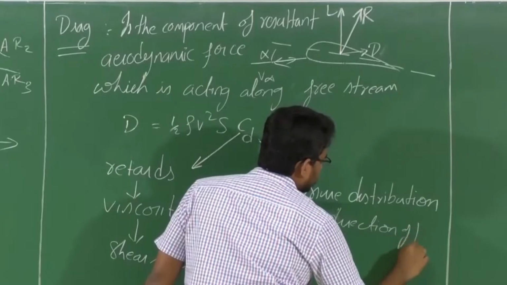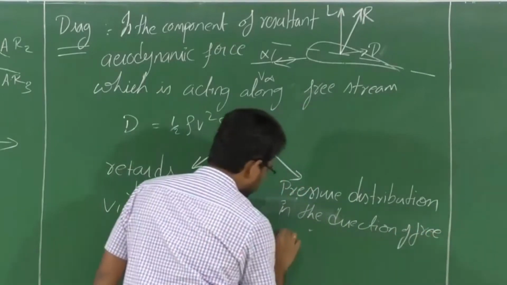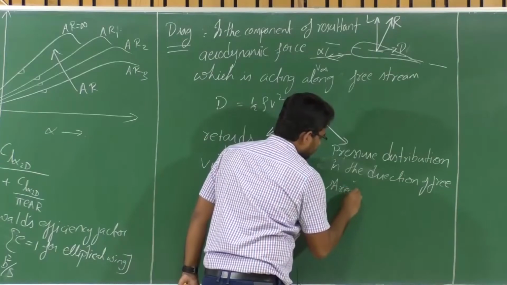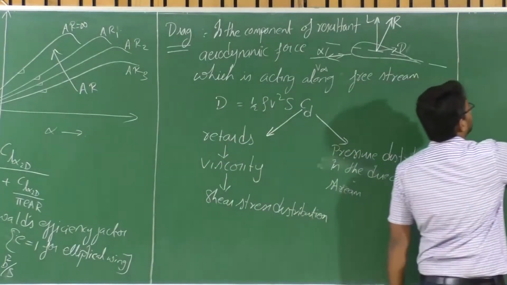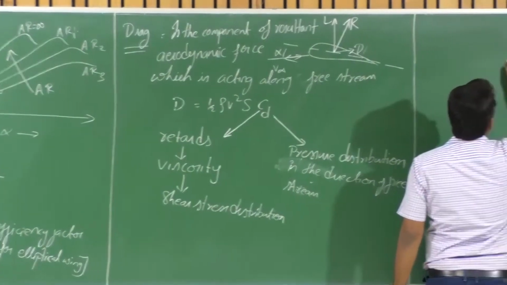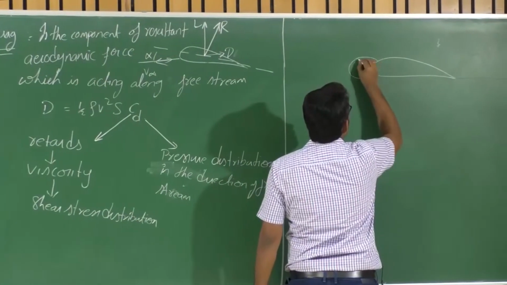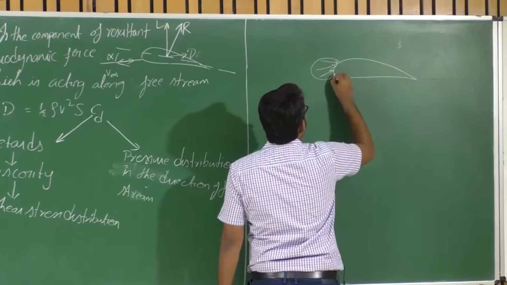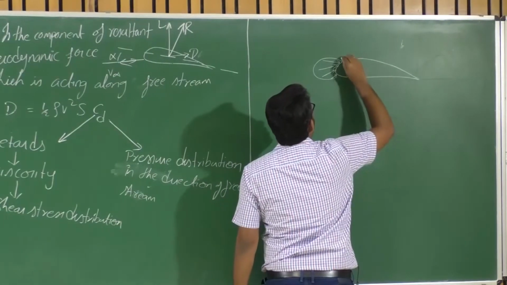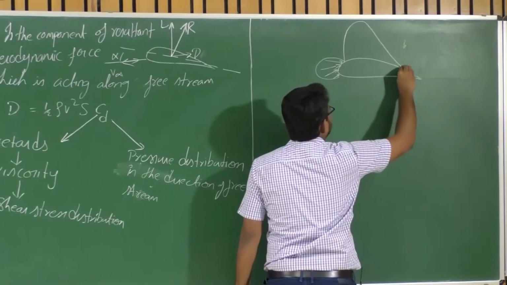of free stream. So do you remember this pressure distribution? A typical pressure distribution over an aerofoil, right? Where there is positive pressure acting in the frontal part and then negative pressure.